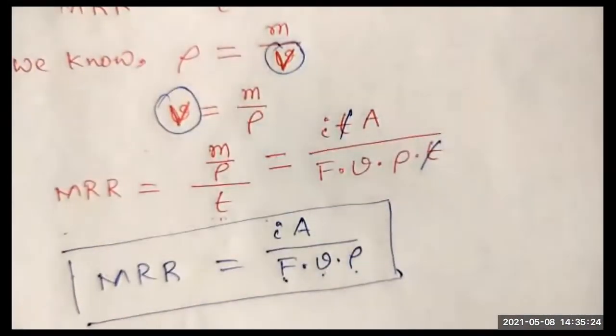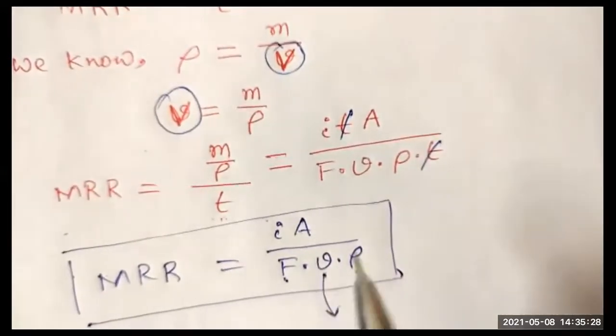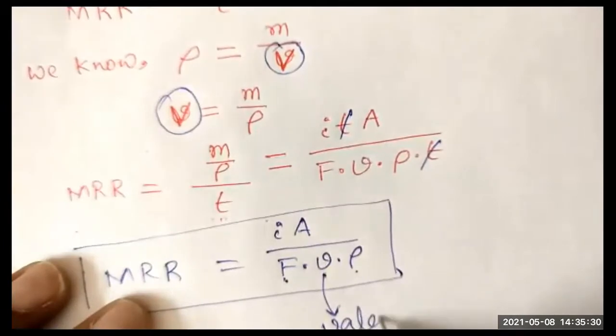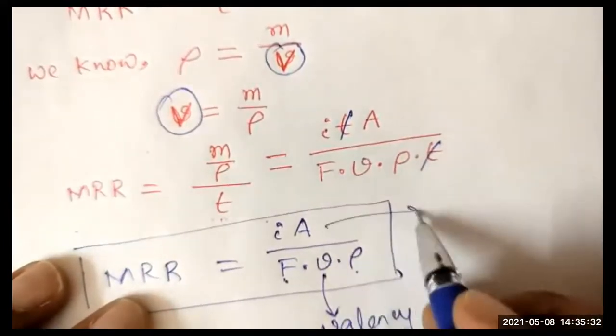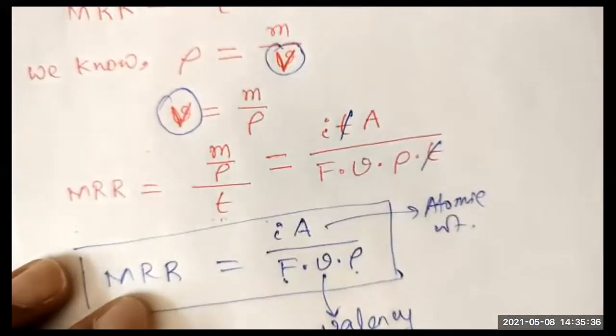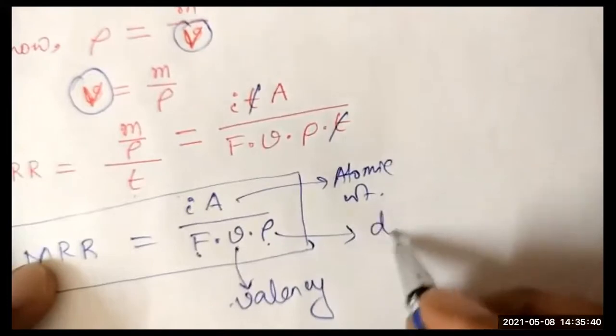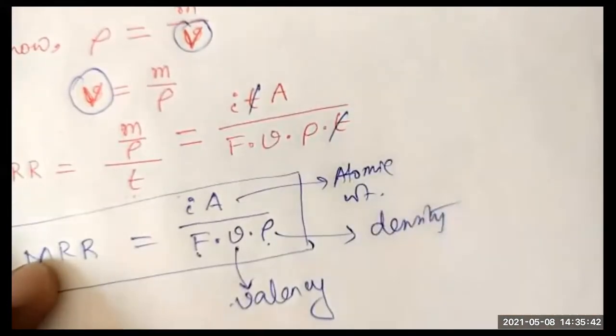Okay. So you should not mix these two things. Capital V, and it is small v. Small v we are representing by valency, A atomic weight. Okay, clear? Rho is density.